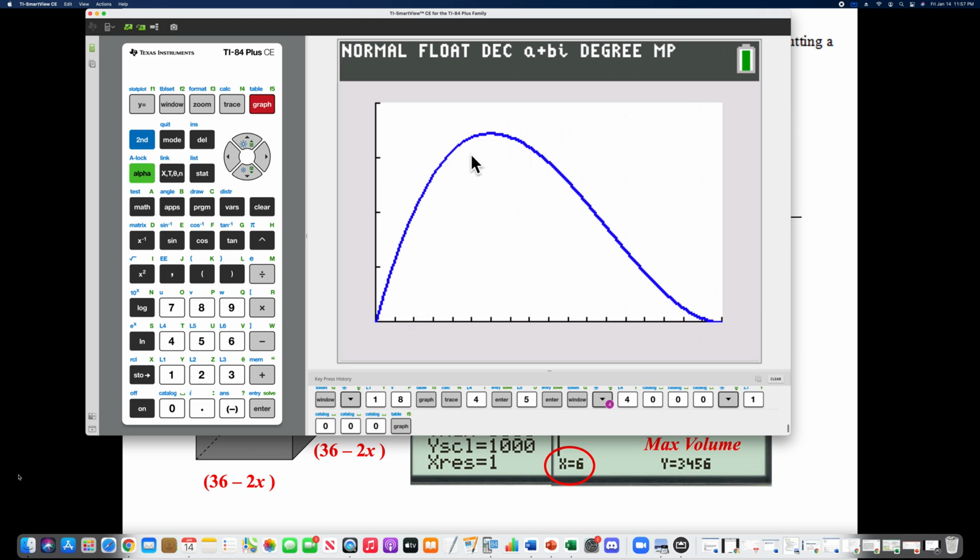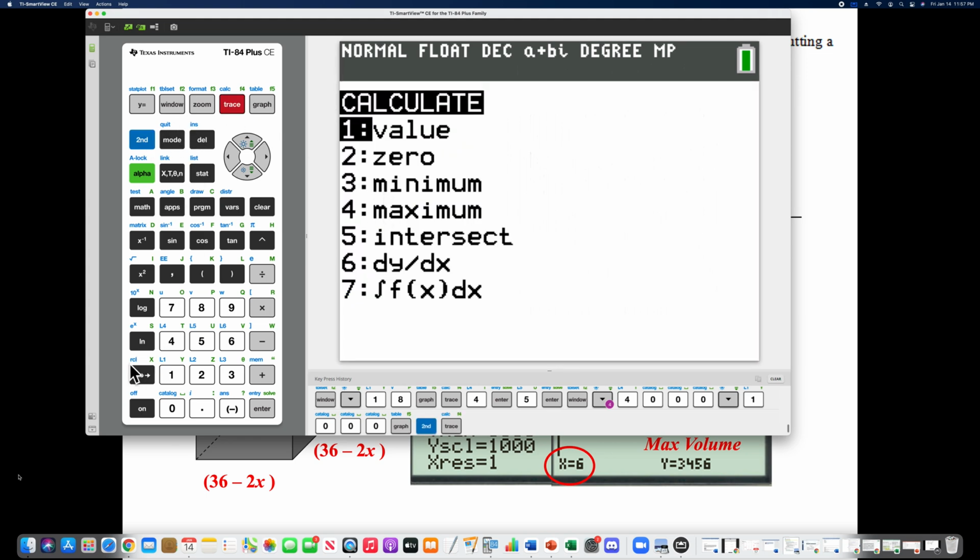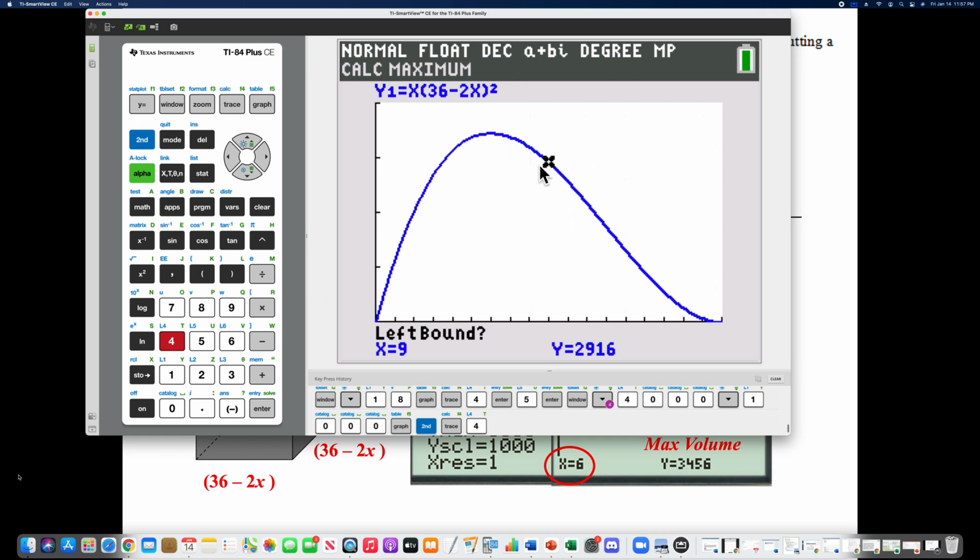So once you see the whole graph, you can see where your max is. We're going to go second, trace, number 4 for the maximum. Left bound, let's see, 1, 2, 3, 3 or 4. Let's try 3. That's pretty good.